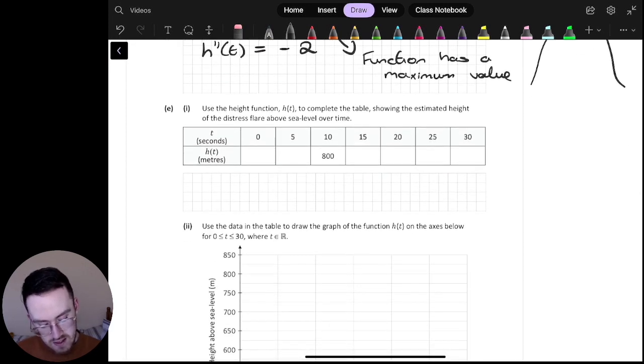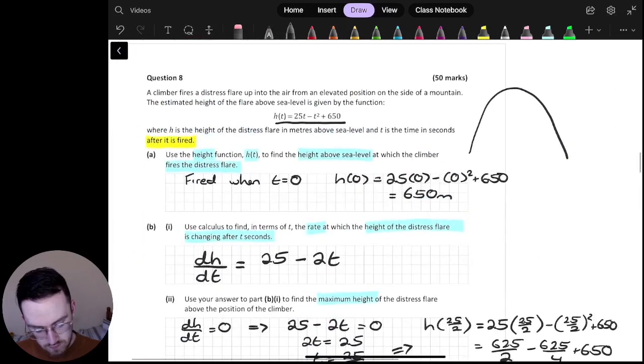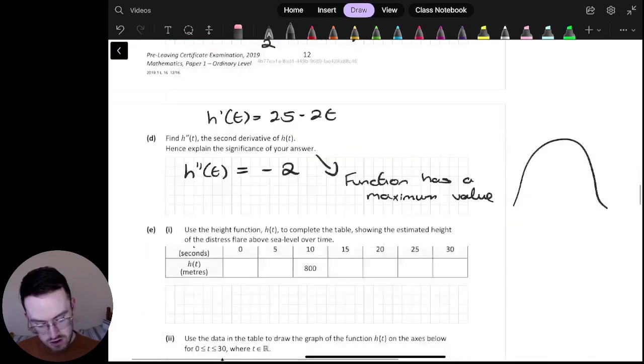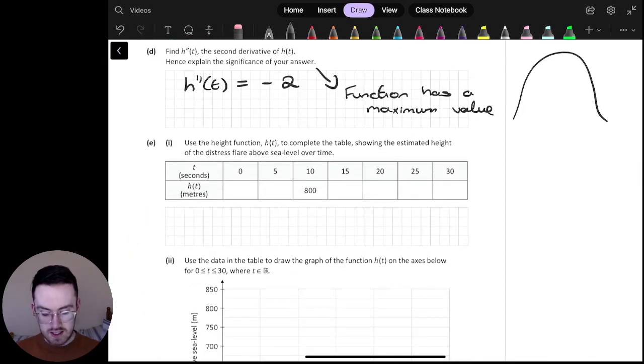Okay, we need to use the height function to complete the table, and then we're going to draw the graph. So you could do this in two ways. You could simply enter your function manually into your calculator and work it out for each point, subbing in the different values of x, or you could use your table function on your calculator, starting at 0, ending at 30 with a step of 5, and that should give you your answers.